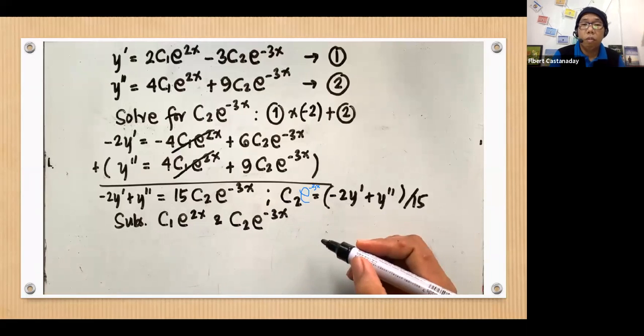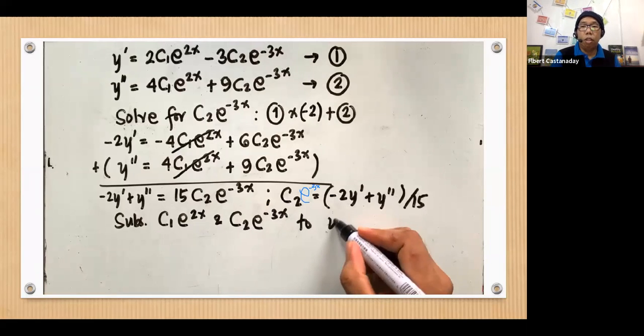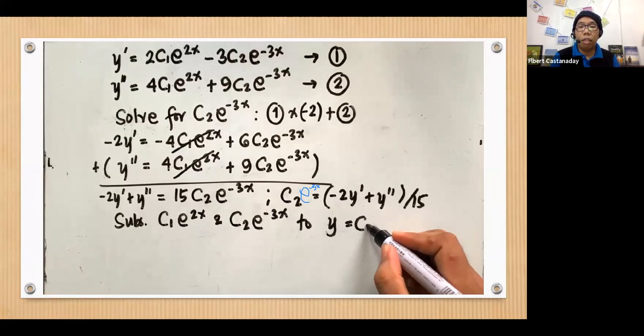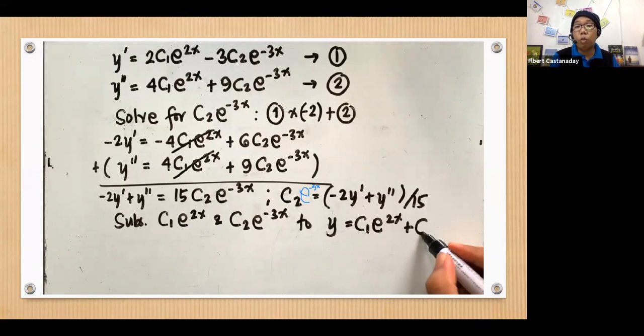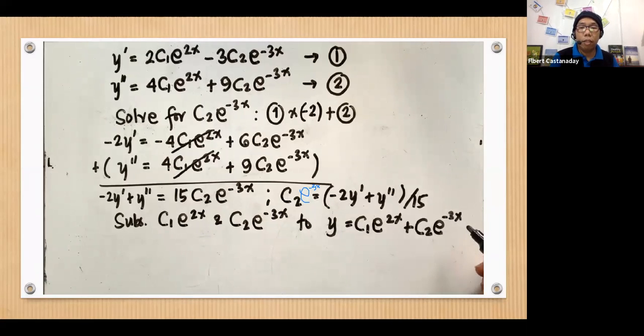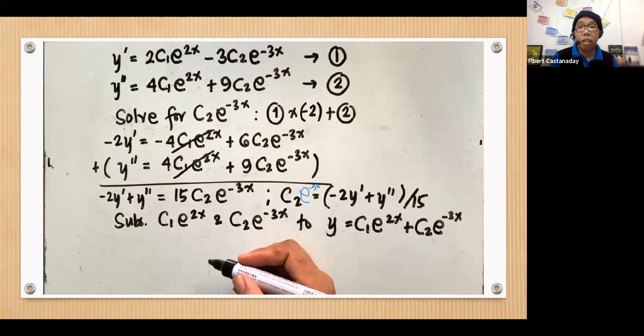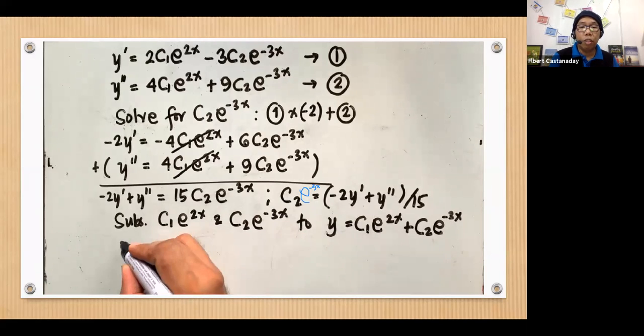So if you recall, y is equal to yung given natin, c sub 1 e raised to 2x plus c sub 2 e raised to minus 3x. So ganun lang, i-plug in the values of these expressions.